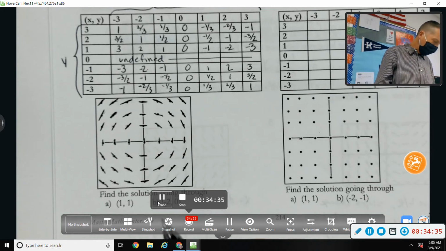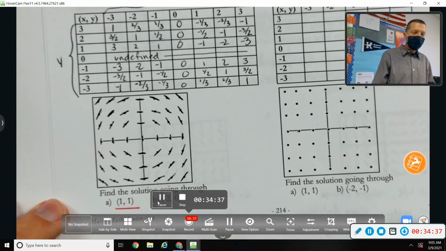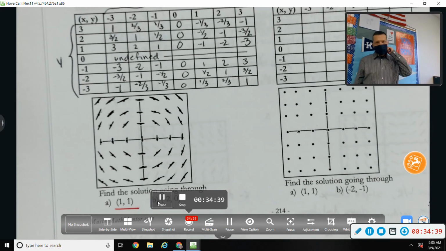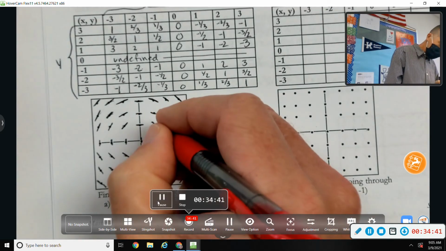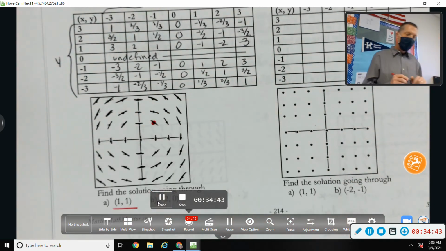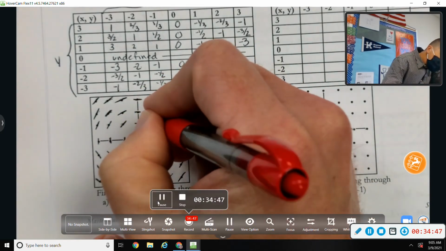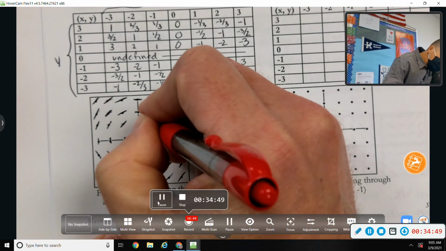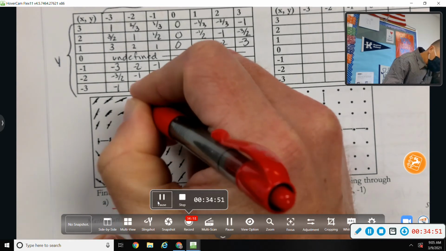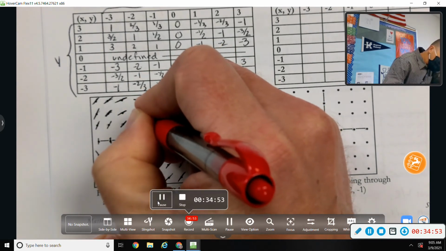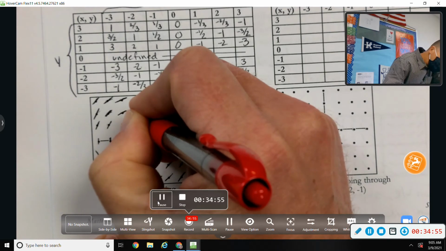Let's graph a couple of these and see what it looks like, although we think we know the answer already. Let's start at 1, 1. Again, kind of follow the pattern. So I'm going to start out going to the left, but when I cross the y-axis, I better be parallel, or I better have a slope of 0.